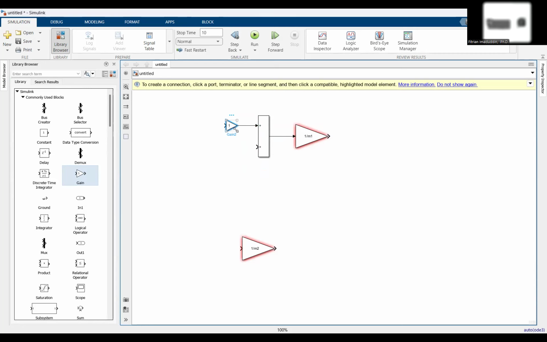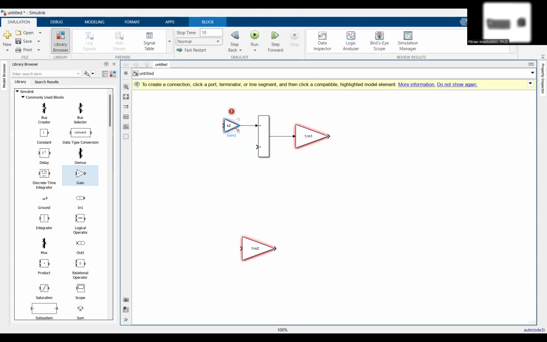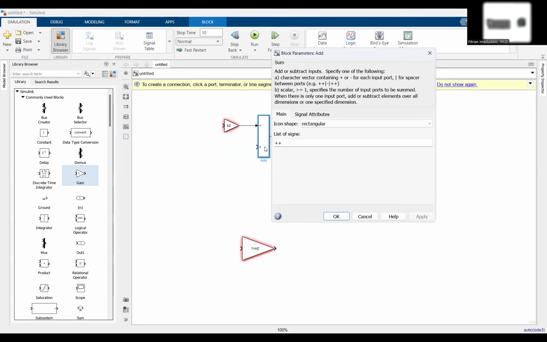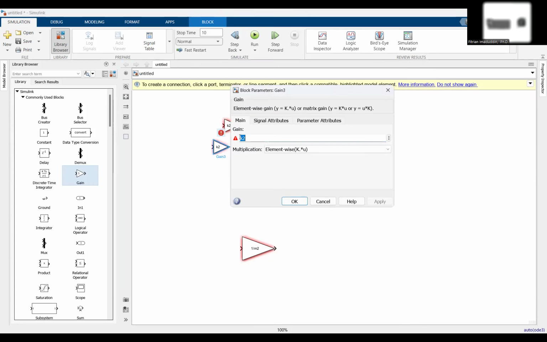I'm going to write this as the k2. Again, because we haven't defined what is k2, it will show an error message. Minus, I'm going to put this here. I'm going to write k1 plus k2.